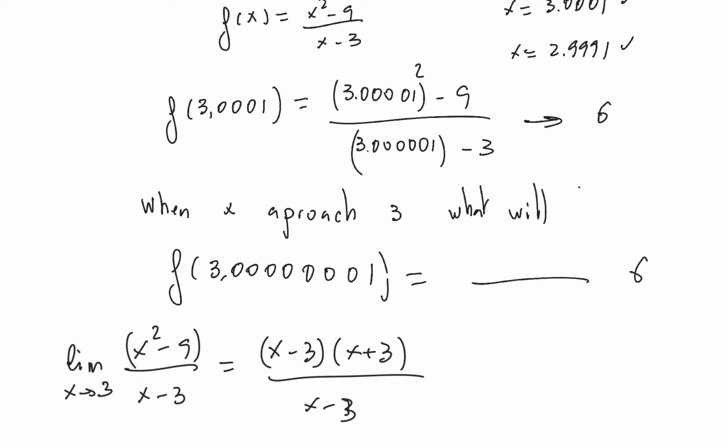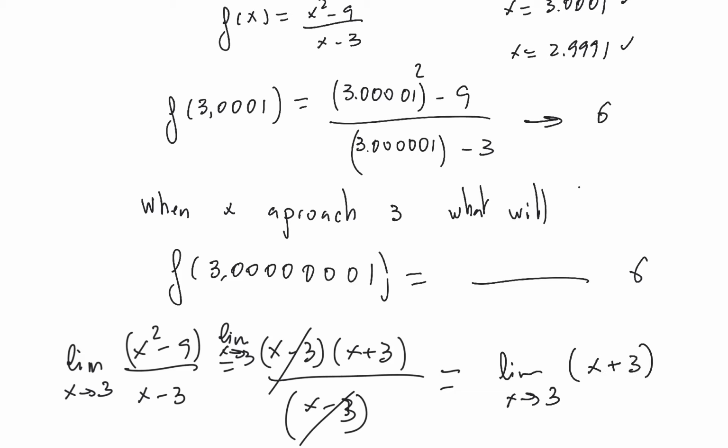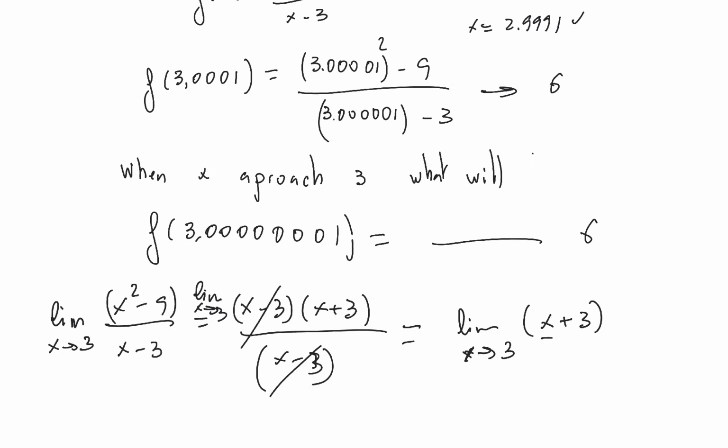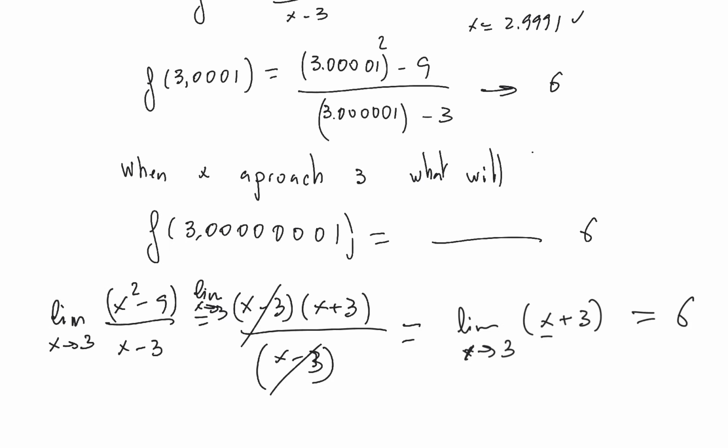I must take the limit when x tends to 3. Now this x minus 3 cancels, and we have the limit when x tends to 3 of x plus 3. When x tends to 3, the value of x will be 3, so the limit will be 6, and this is the limit.